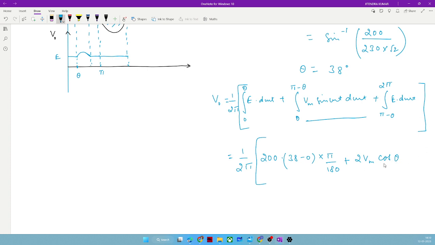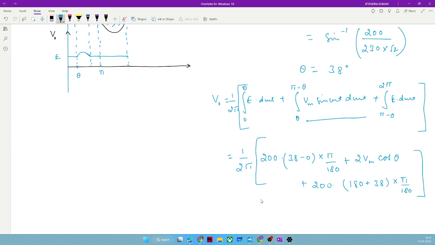Sin omega t minus cos omega t, and cos theta minus cos pi minus theta would be again minus cos theta, and you will get 2 Vm cos theta plus again E, which is 200 into 2 pi minus pi minus theta, which would be pi plus theta. So that is 180 plus 38, converted again into radian.